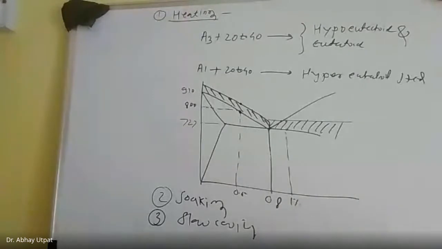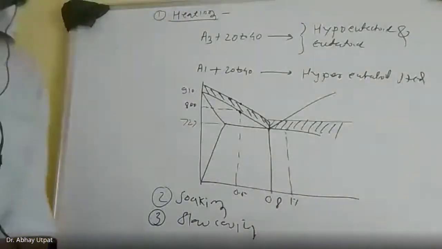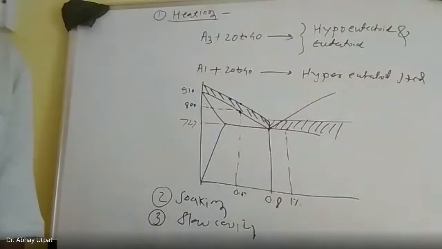Full stop. Austenite is converted into pearlite. Full stop.